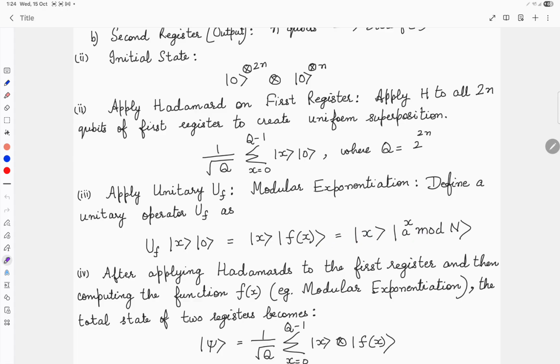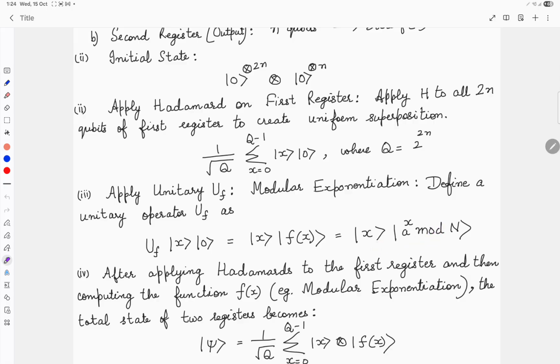Therefore the state of the two register quantum system after the unitary operator is applied will be |x> in the first register and |a^x mod N> in the second register.